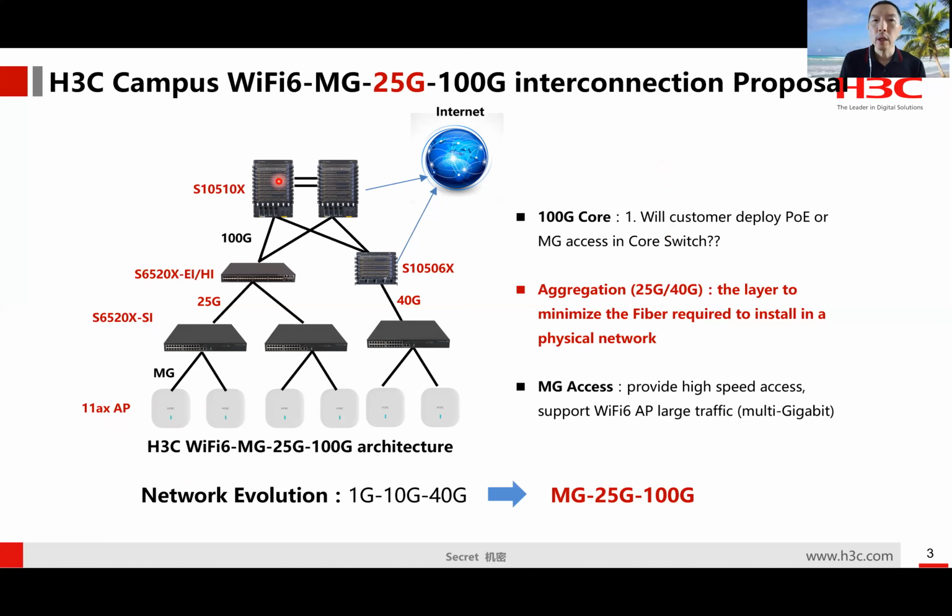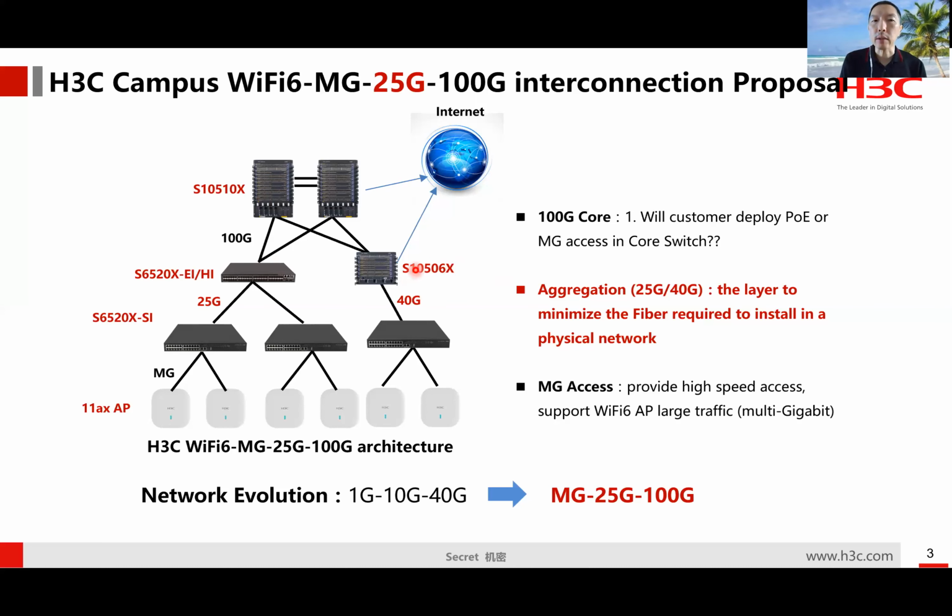Normally no, because the role of the core switch is to aggregate all the traffic together, right? So some of the features that some customers want in the tender may not necessarily be deployed, or they don't have any meaning at all. So we need to explain to the customer. And in terms of the aggregation layer, right?